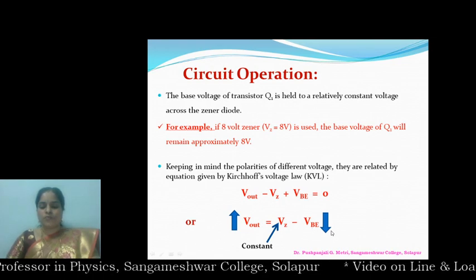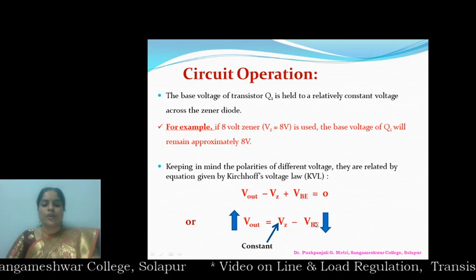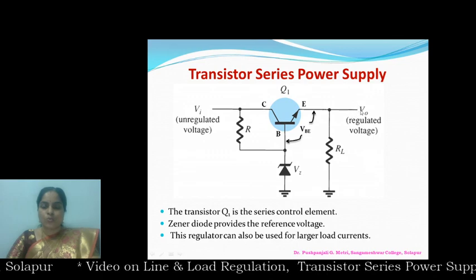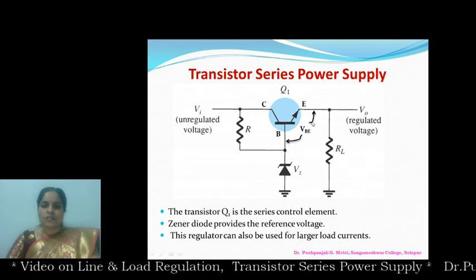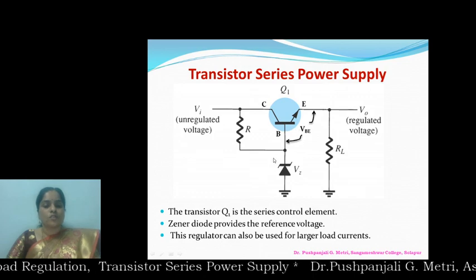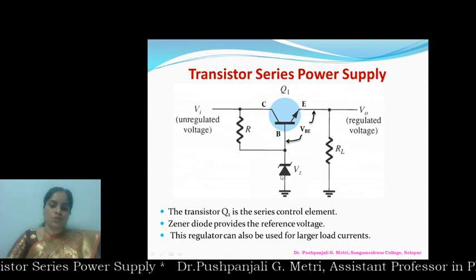That means if the output voltage increases, the base to emitter voltage decreases, because the Zener voltage, Vz, is always constant.